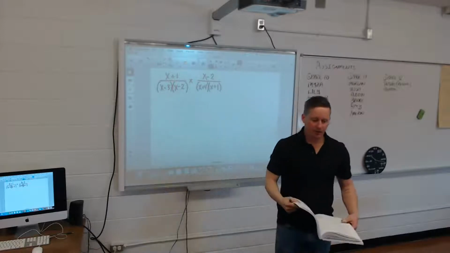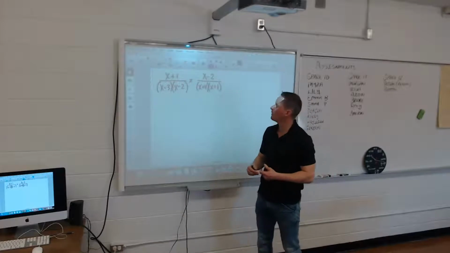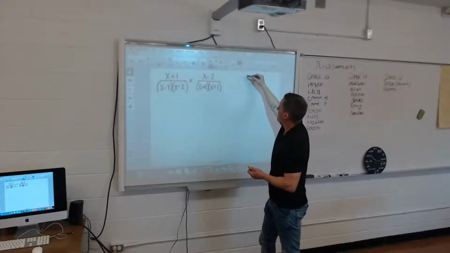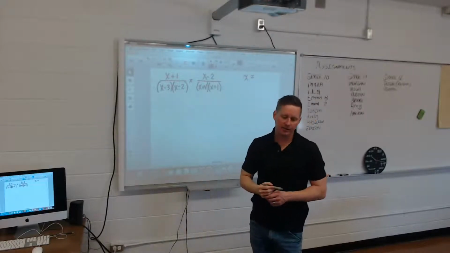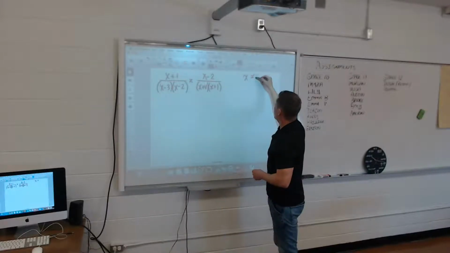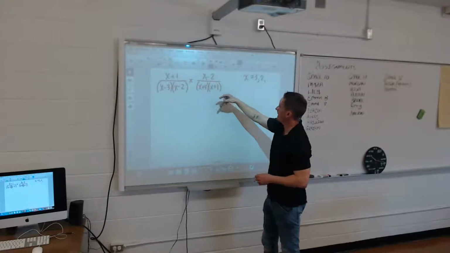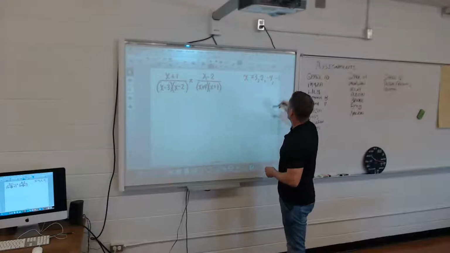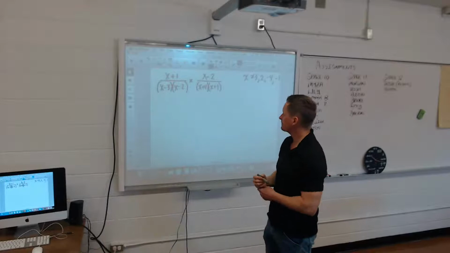The very first thing I do is factor out all of my expressions. Then my non-permissible values are my restrictions. So x can't equal 3, x can't equal 2, x can't equal -4, x can't equal -1.